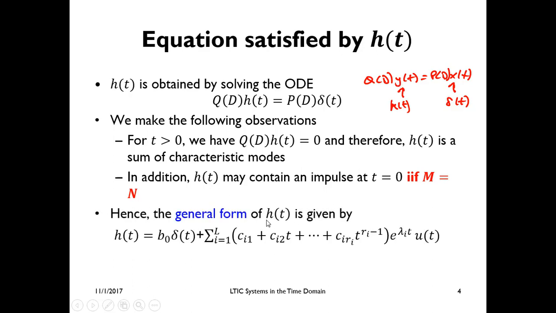So the general form for the impulse response is going to be given by an impulse function plus a linear combination of our characteristic modes multiplied by the unit step function.